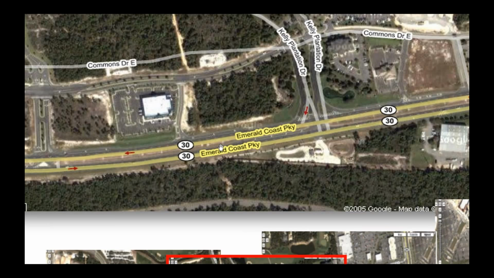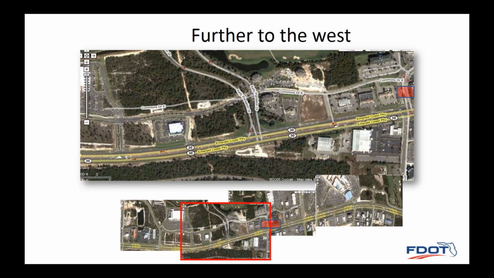The lack of sidewalks on the original part of Commons Drive became quite apparent when people who stayed at the hotel that you saw in the first picture wanted to walk to either the beach stores or the restaurants, and big ruts formed in all of those, and that's when they realized that they needed to put sidewalks.